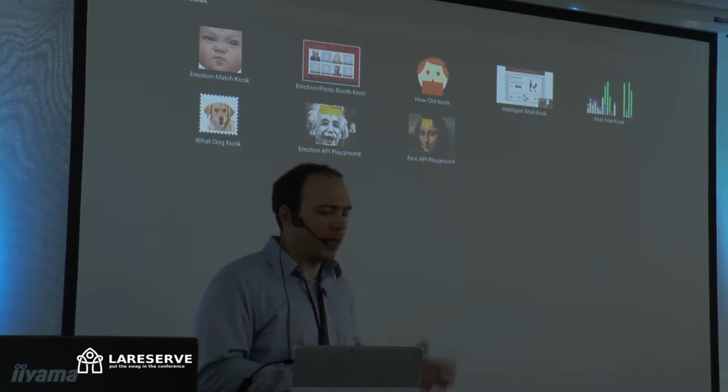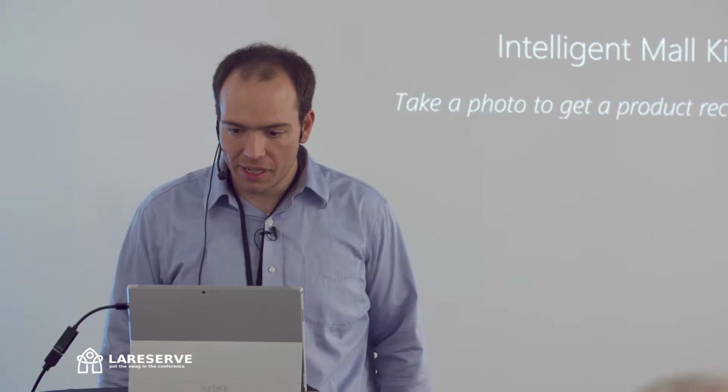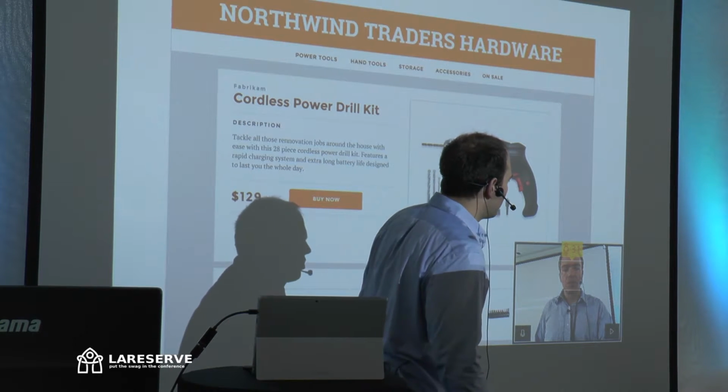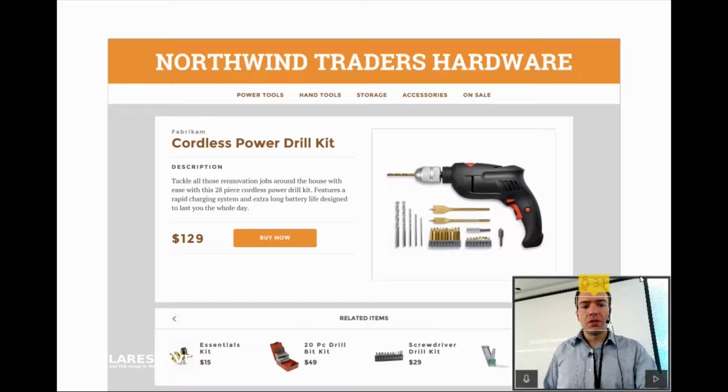But for an example of how you might integrate this into an actual end user experience, here's an intelligent kiosk, and it's going to take my picture, identify my age, and based on my age and some other things, figure out what it should sell me.